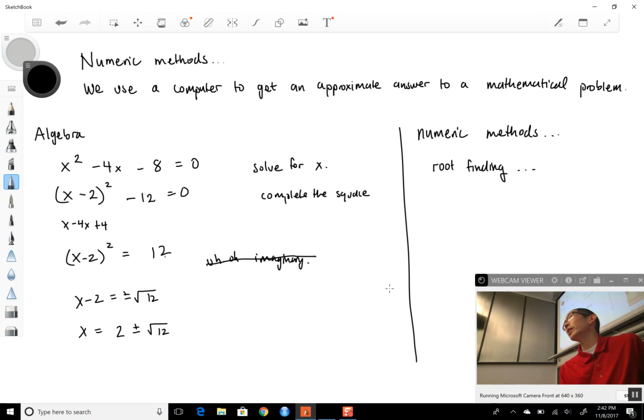And based on what we get, maybe we say, okay, let's change our value because we didn't get 0. So we're going to either increase that or decrease that, pick another value, and we're going to just keep going through some kind of process until we get a value that's pretty close to solving our thing. So, basically, root finding would be something along the lines of plug in a value for x.